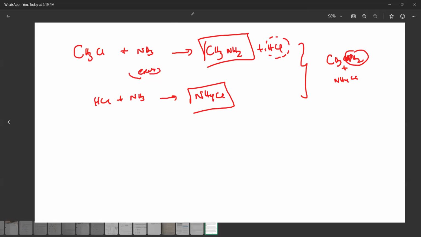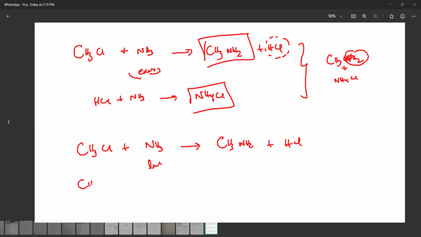But if we use a limited amount of ammonia, if we have CH3Cl and ammonia is the limiting factor, so ammonia is not too much, this reaction will continue until all of the hydrogens of the ammonia are replaced by the carbon chains. First it will form CH3NH2 plus HCl.